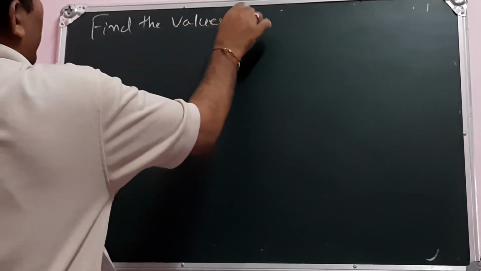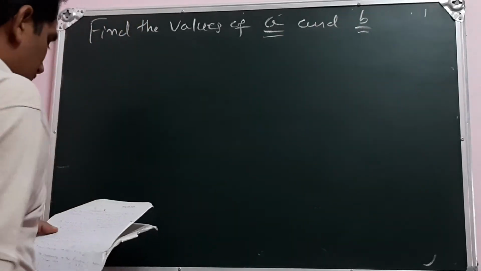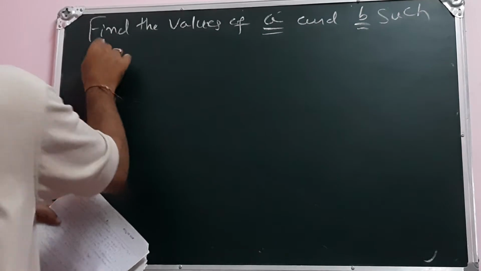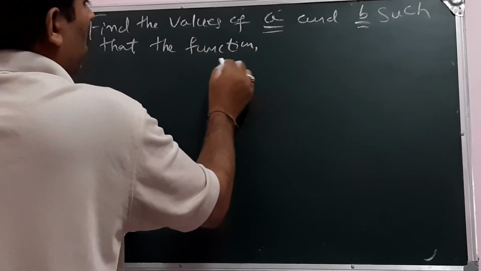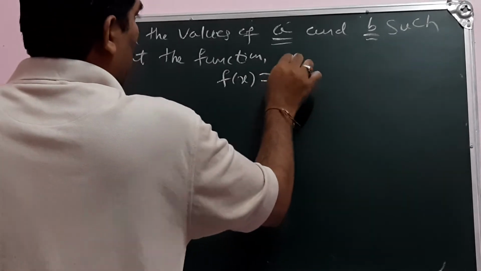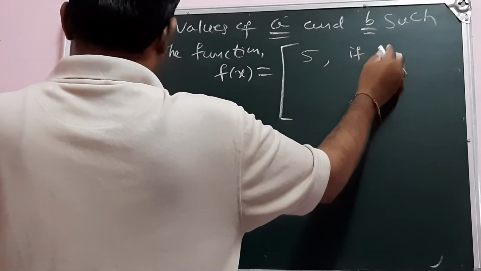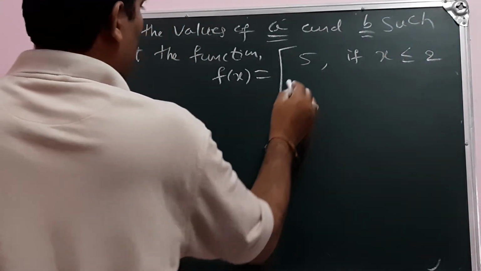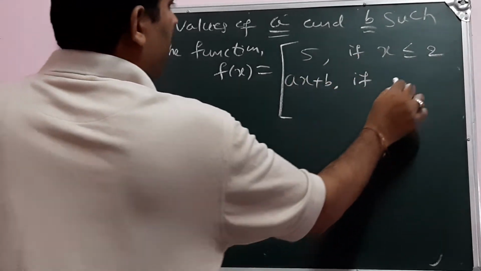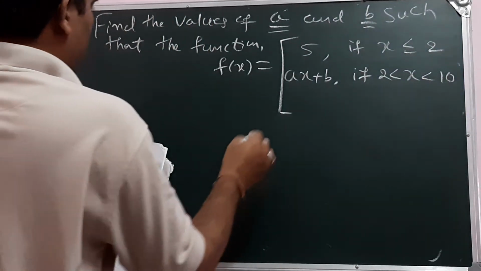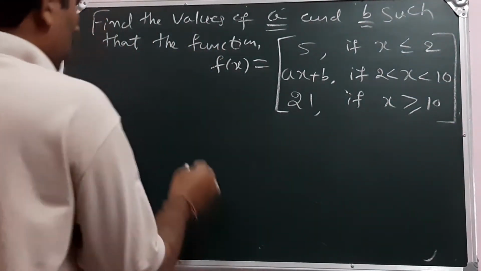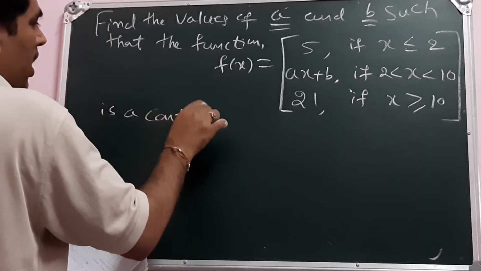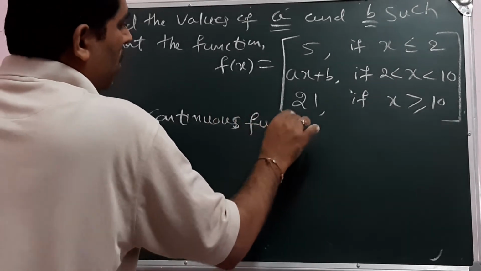Okay, let us work out the next problem. Find the values of a and b such that the function f of x is equal to 5 if x is less than or equal to 2, then ax plus b if x is greater than 2 and less than 10, 21 if x is greater than or equal to 10, is a continuous function.